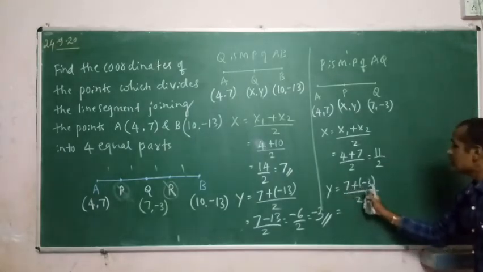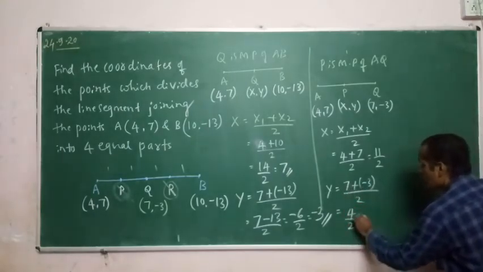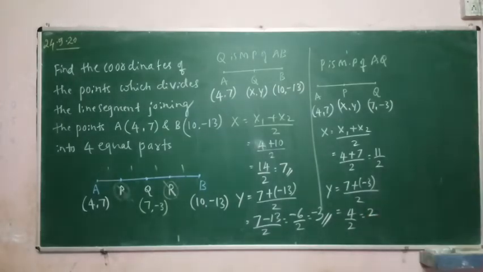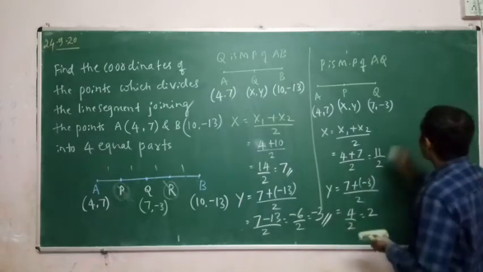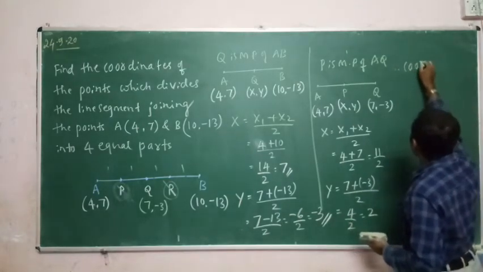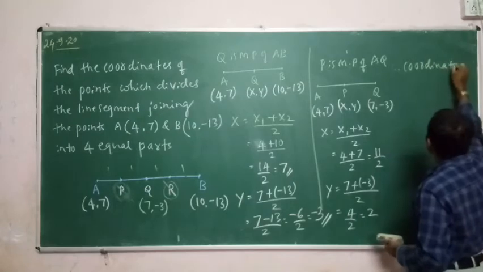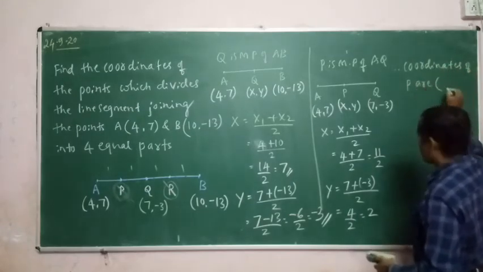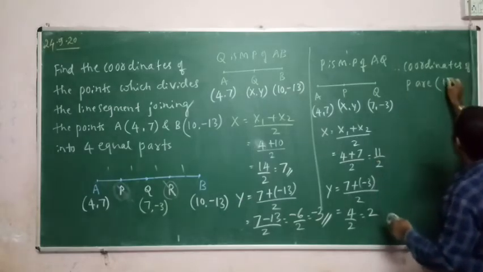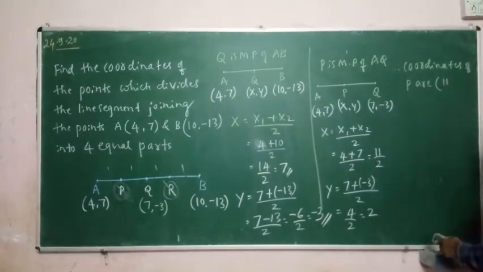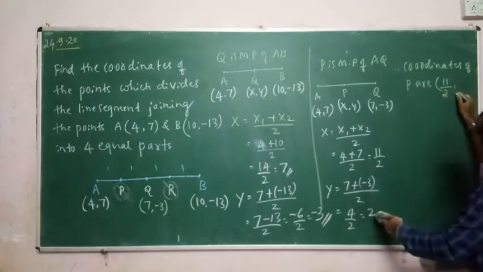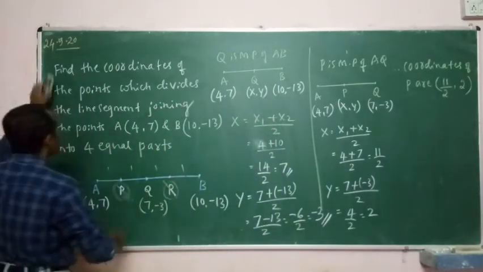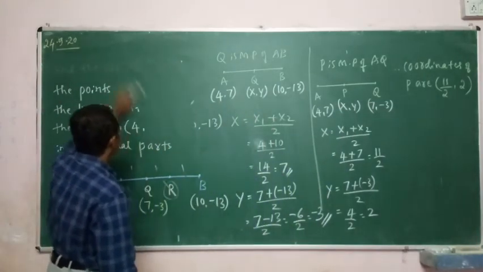It is 7 minus 3, 4 by 2. Answer is 2. Therefore, coordinates of P are 11 by 2 and 2. That's all. I have to find the coordinates of R now.